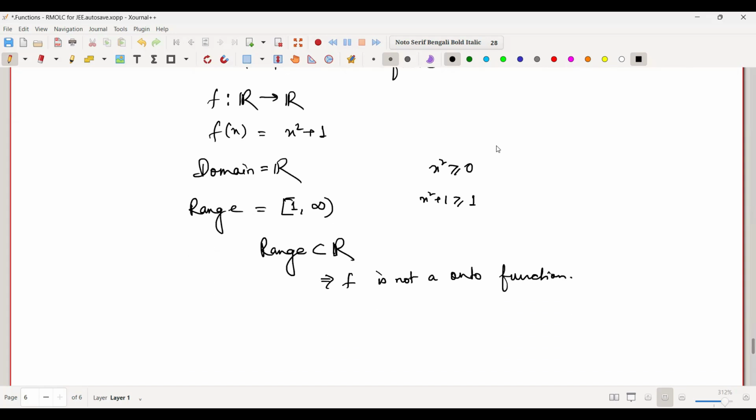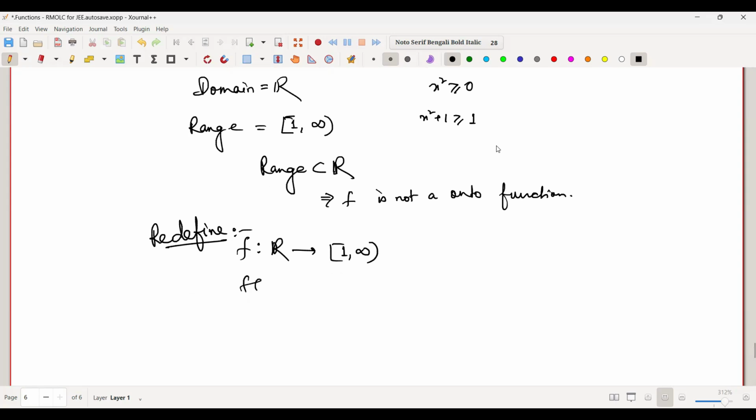But as the range is closed 1 to infinity, if we restrict the codomain R to this range, that means if we redefine f from R to [1, infinity), and the definition is same, x square plus 1, now this f is an onto function.